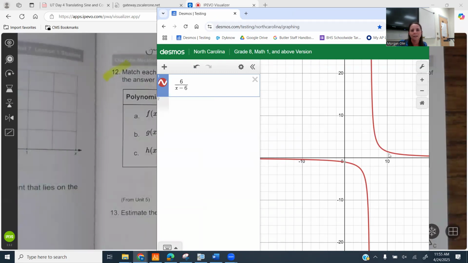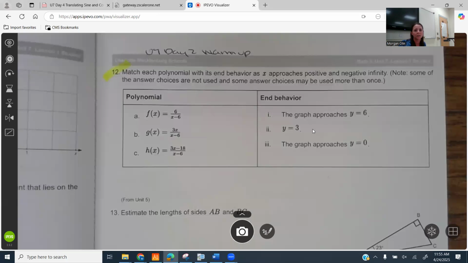That is the line, not x equals, y equals 0, the x-axis. So in either direction, as x goes to negative infinity, it's going to y equals 0. And as x goes to positive infinity, this is also going to y equals 0.